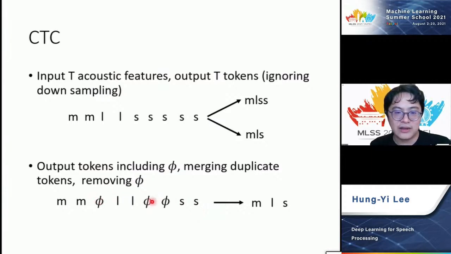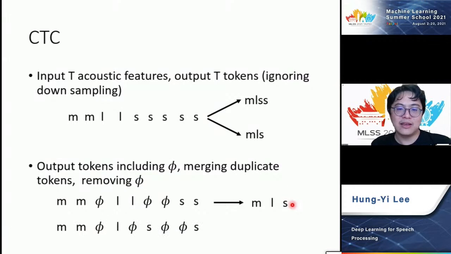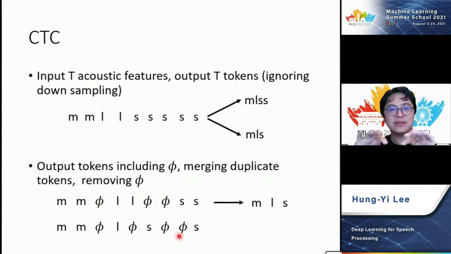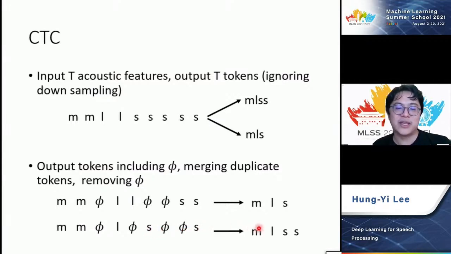You remove the null and you merge the consecutive tokens. So this 2 S will be considered as 1. If your output is like this, S, null, null, S, the null is considered as the separation between different tokens. So if your output is S, null, null, S, then it will be NLSS. So CTC uses the null to separate the tokens, so you can deal with this ambiguity issue.